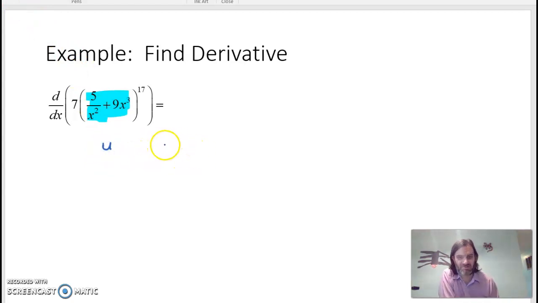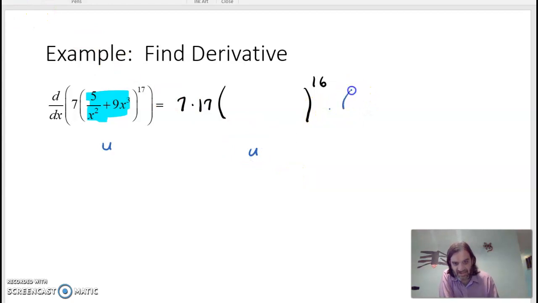But for the derivative of this thing, the 7 coefficient stays, the 17 exponent comes out front, and the exponent goes down to 16. So u is going to go inside here, and then on the outside we will have u prime. So u is 5 over x squared plus 9x cubed, and we have to take the derivative of that to put on the outside.